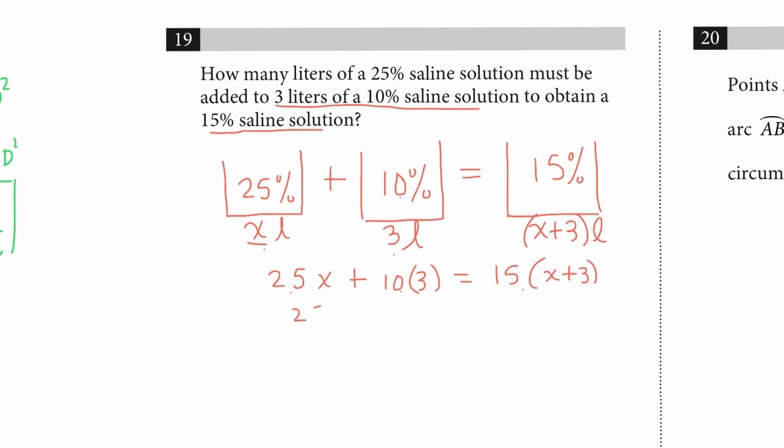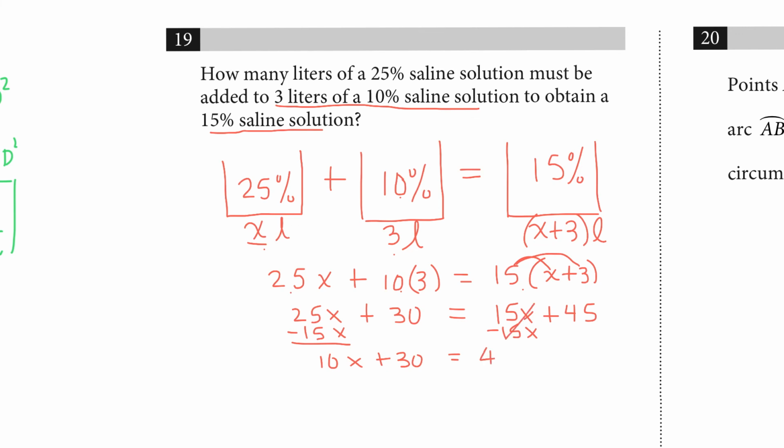So I now have 25x plus 30 is equal to 15 times x and then 15 times 3. Don't forget that. We're using the distributive property. 15 times 3 is 45. So if I subtract the x's on both sides, 15x here and 15x there, I am left with 10x here plus 30, and these cancel out.